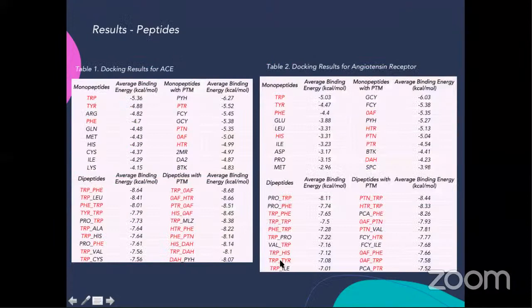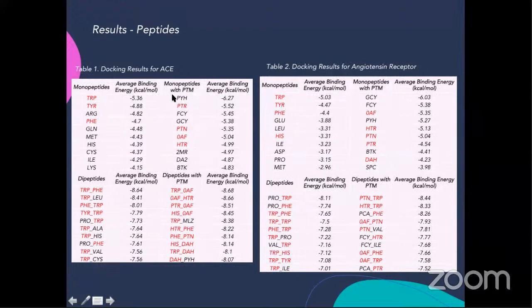And actually, I've discussed some of our results during the methodology section. So here I will just like to present some quantitative results of our docking studies. For our peptides, we saw that aromatic amino acids, or combinations of aromatic groups, tend to have better affinity towards protein targets.